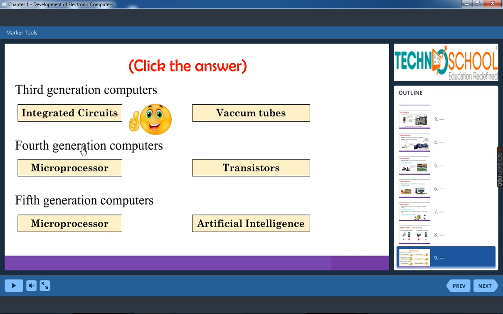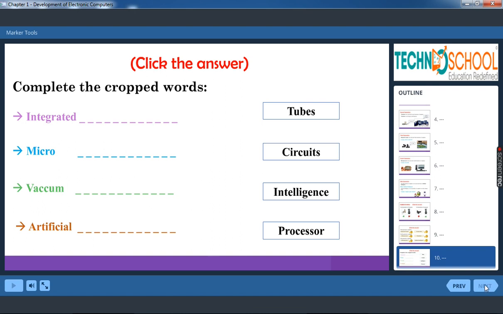Fourth generation computers used microprocessor, transistors. Excellent. Microprocessor. Fifth generation computers used microprocessor, artificial intelligence. Fantastic. Artificial intelligence. Good.